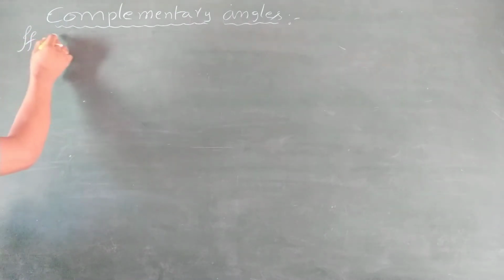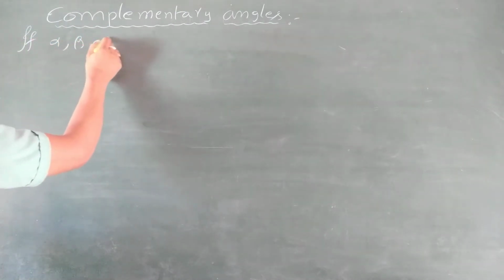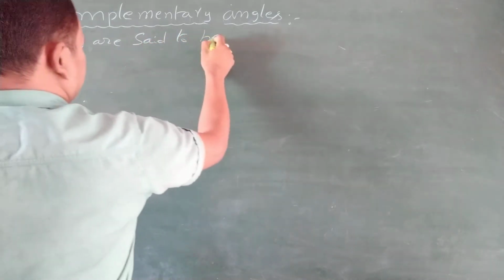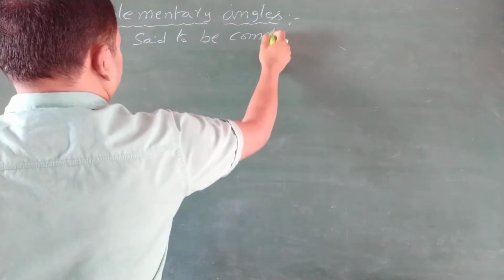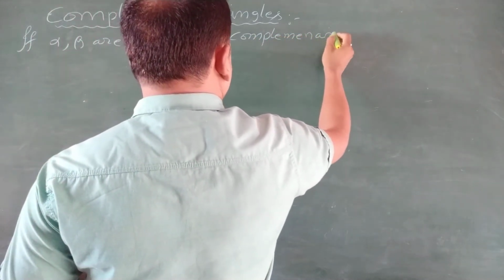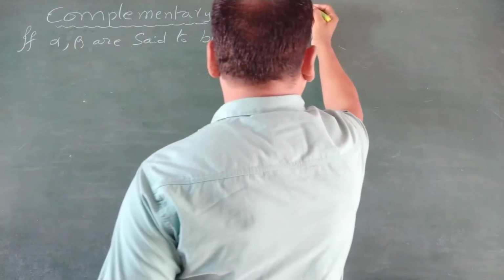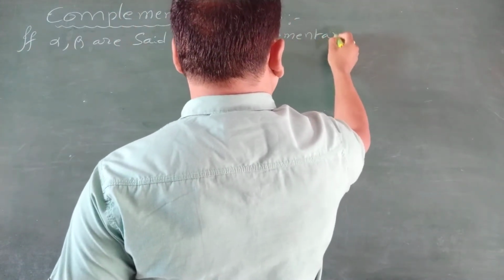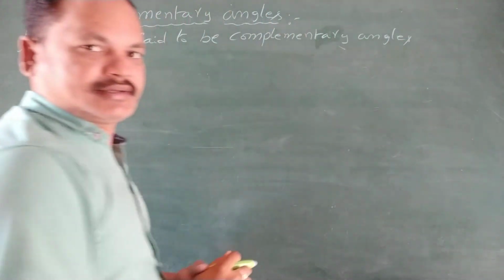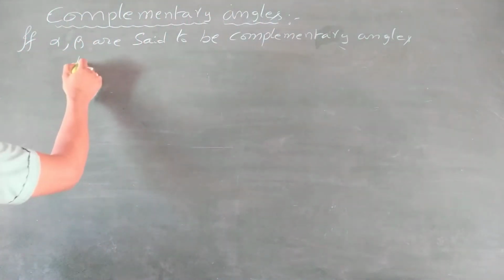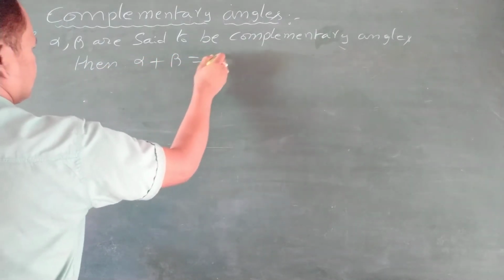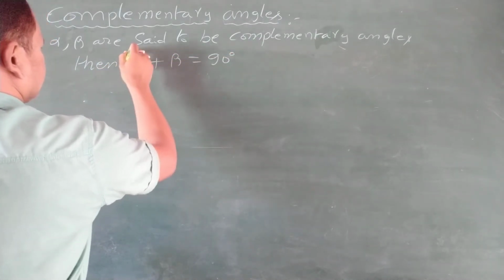If alpha, beta are said to be complementary angles, then alpha plus beta is equal to 90 degrees.